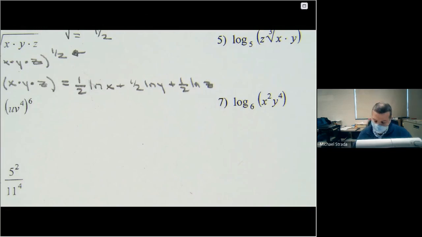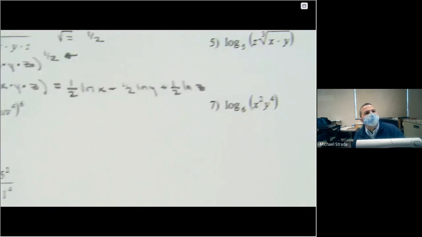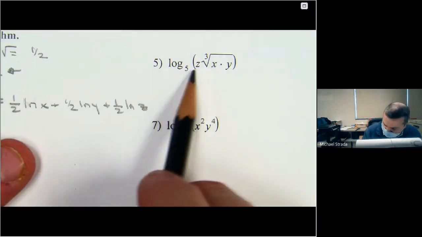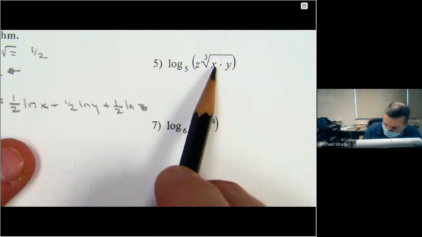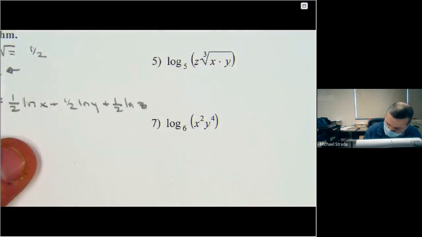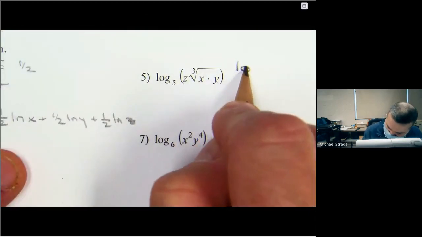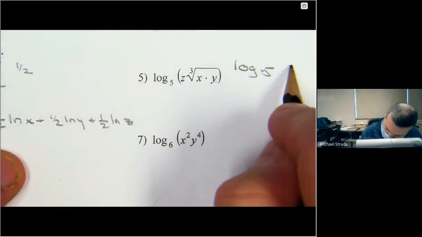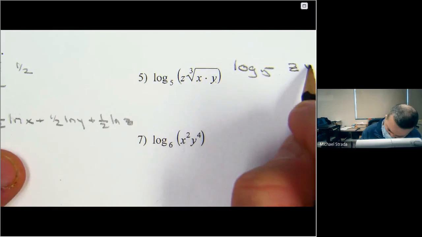When working with exponents and roots, make sure you realize which ones have it and which ones don't. For example, z is just z, whereas x and y are being raised to the 1/3. So step 1, log base 5 of z, x to the 1/3, y to the 1/3.